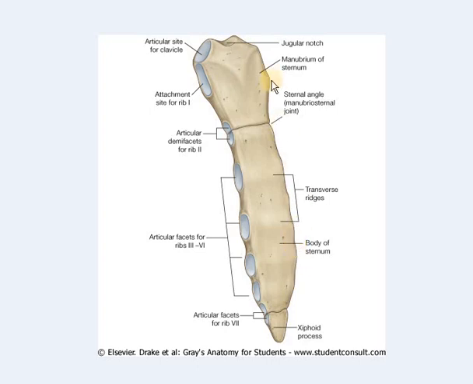So the sternum has three parts. The upper part is called the manubrium. The middle part, which is the longitudinal part, is called the body of the sternum, and the lowest part, which is pointed, is called the xiphoid process.